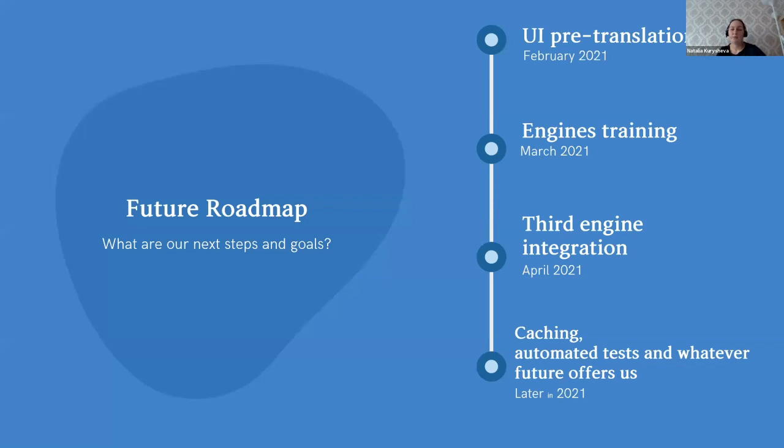After that, we will also do engine training in March. In April, we plan to have our third engine integrated to cover the English to Japanese language pair. And also later in 2021, we plan to investigate new features such as caching, automated tests, and whatever the future offers us.